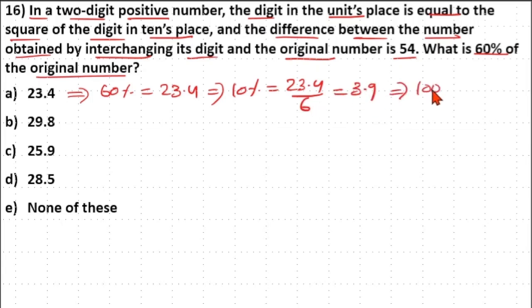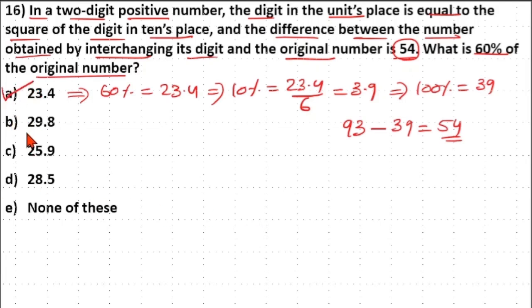Then 100% is 39. If you interchange the digits of 39, it is 93. And the difference between 93 and the original number 39 is 54, which is mentioned in the question. So option A is your answer.